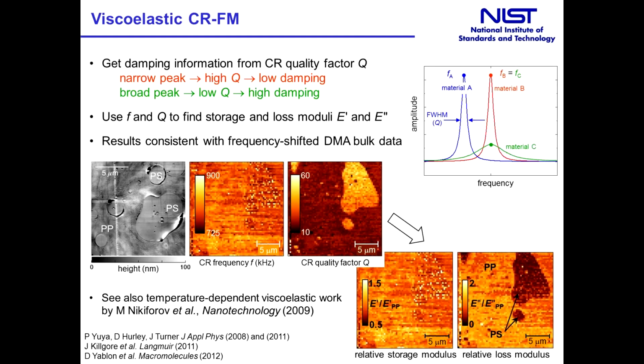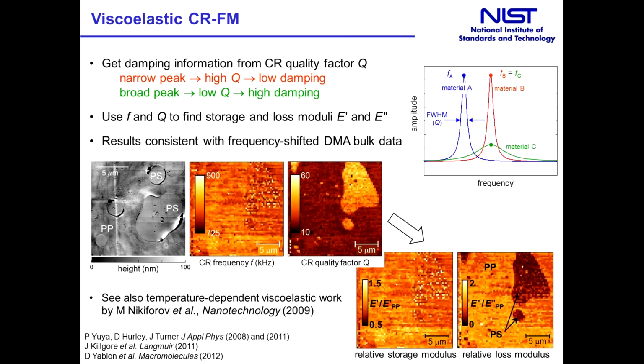The two middle images are the contact resonance frequency and quality factor for another section of the same sample. You can see that there's very little contrast in the frequency and much more contrast between the two materials in the Q factor map. We analyze these images using a Kelvin Voigt element, namely a damping dashpot in parallel with that elastic spring, to represent the tip sample interaction.